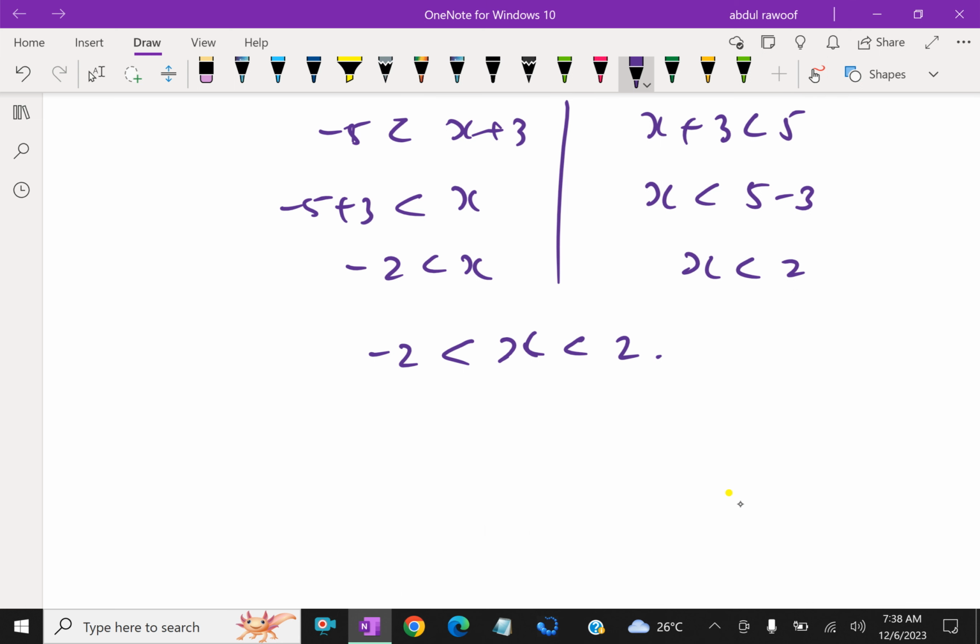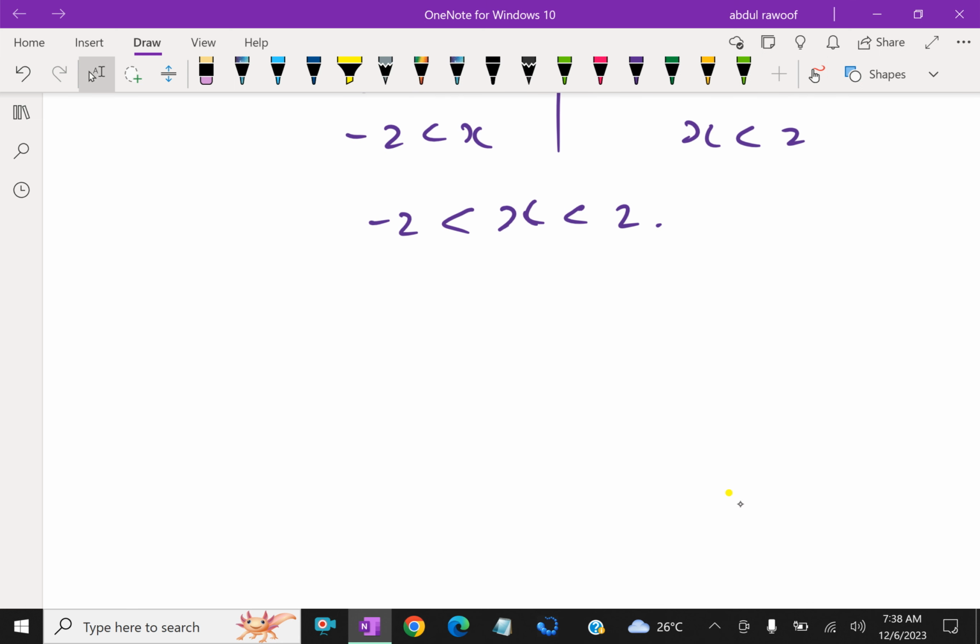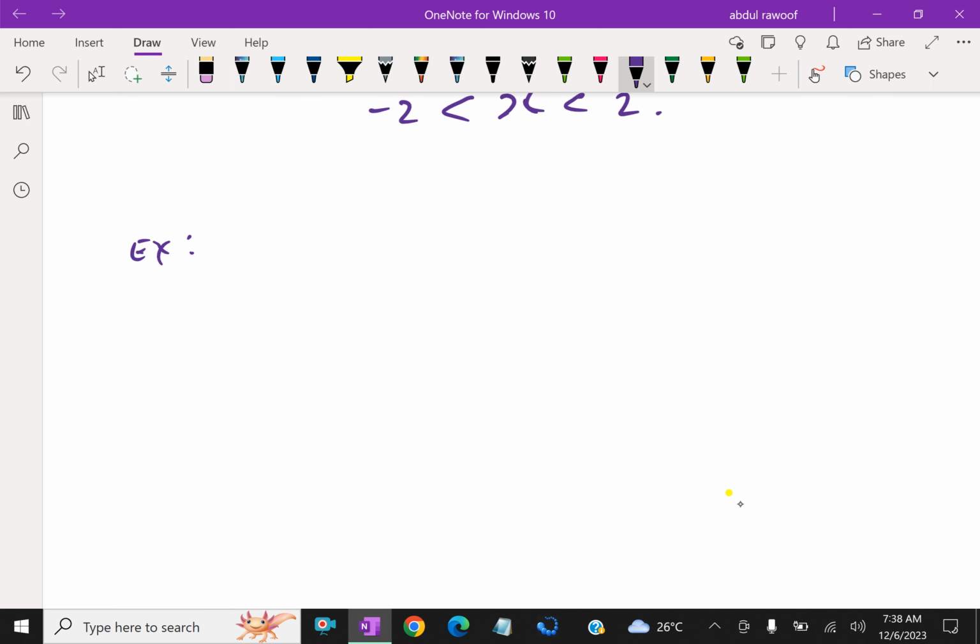Now let us solve further. Look at this example. Absolute value of 2x minus 1 is lesser than or equal to absolute value of x minus 2.